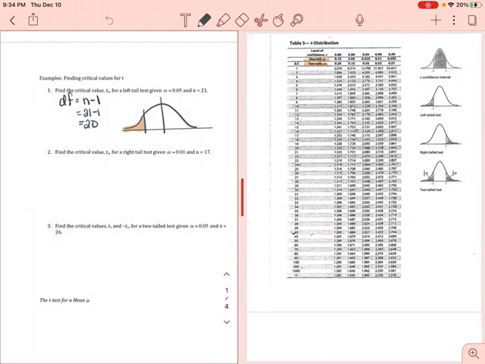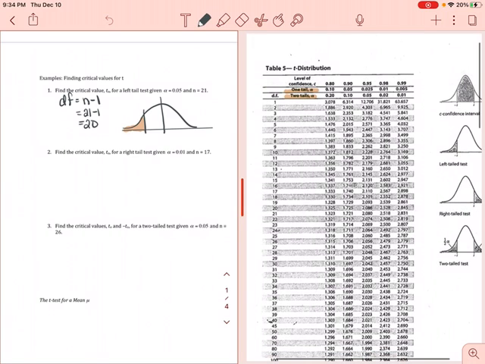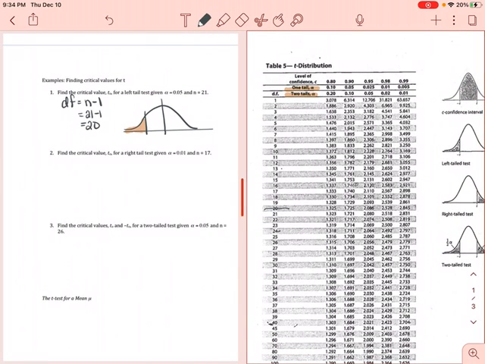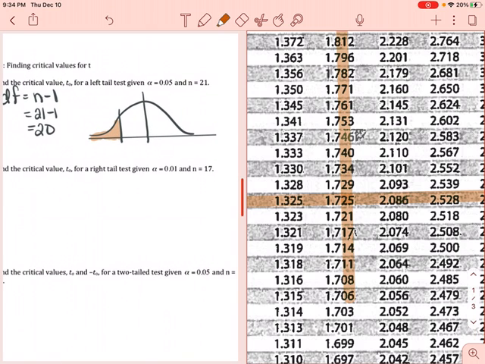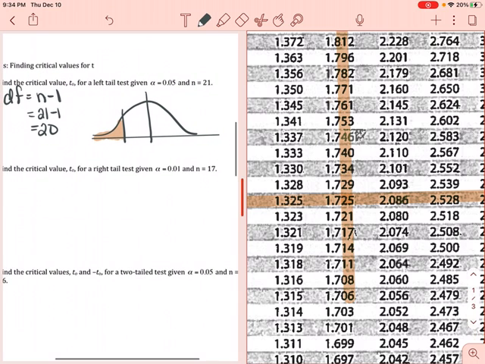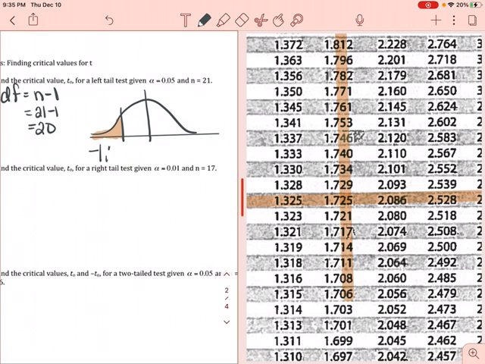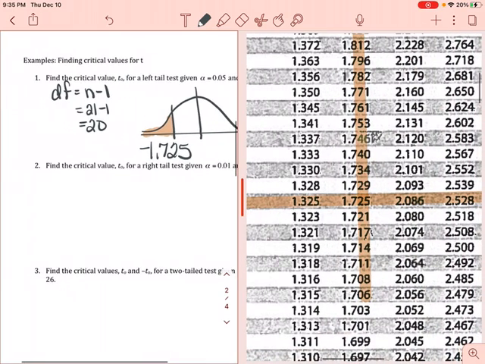Since we are doing a one-tail test, here's the one-tail row, and my alpha is 0.05. We come down the 0.05 column and we're at 1.725. Now we make it negative because we're doing a left tail test. There's your critical value.